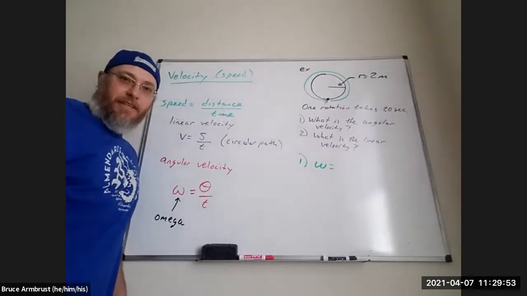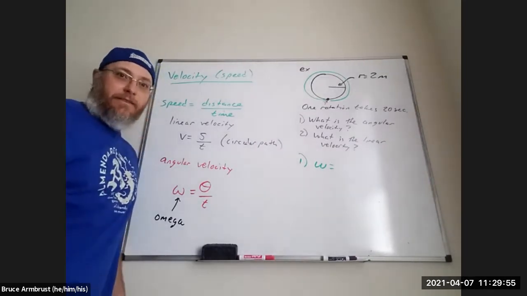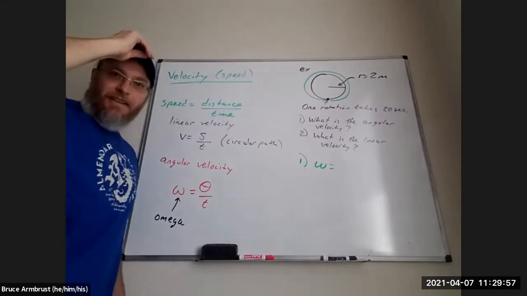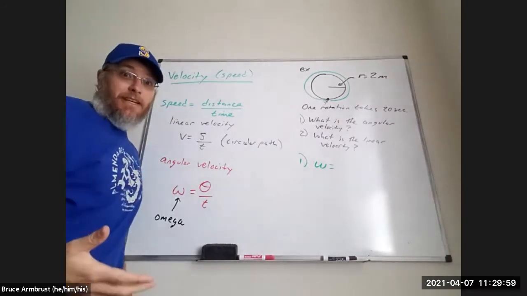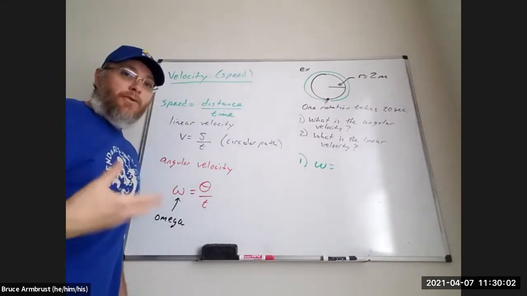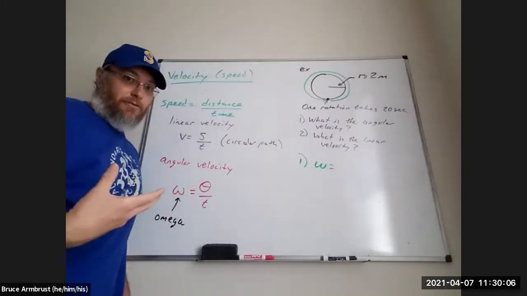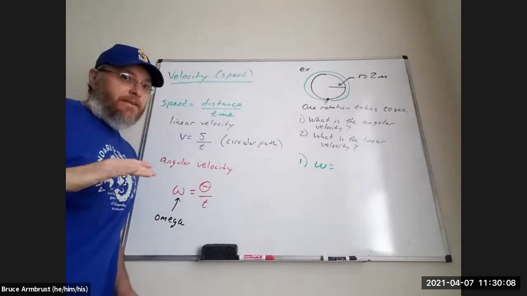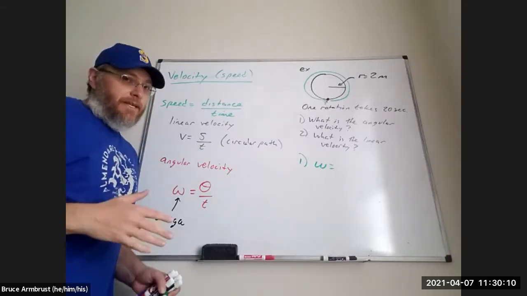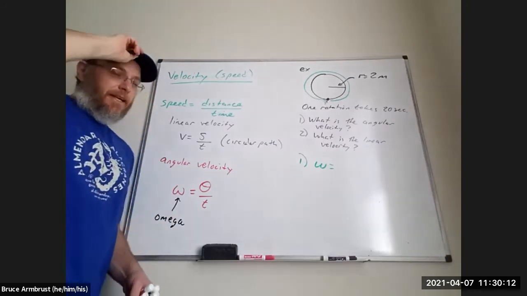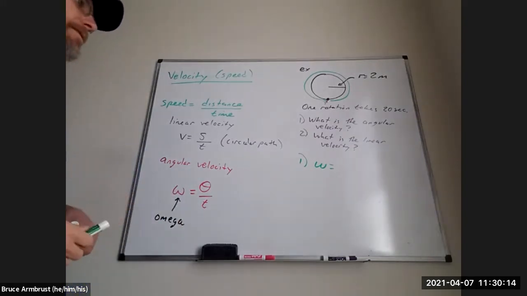The scientist just said use radians. This is one of those places where mathematicians and scientists agree. When you do rotations, use radians, okay? Because radians are dimensionless. Degrees are not. They're going to cause us a problem if we try to do this in degrees.